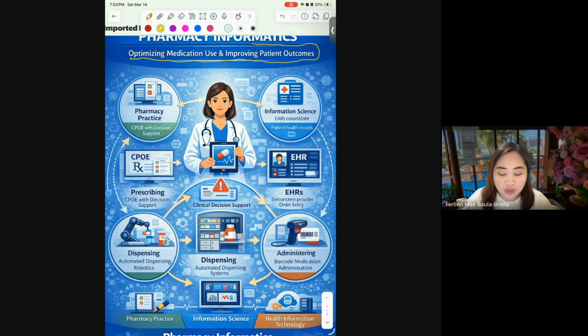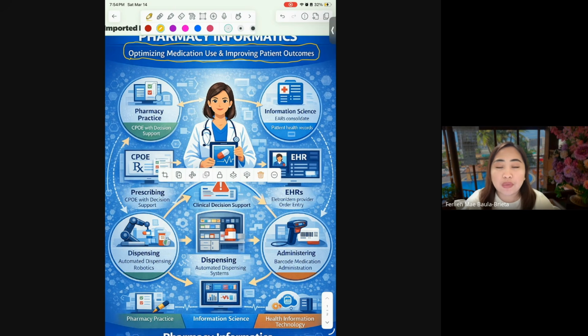To start with our discussion this morning, we have here the title of the infographic: Optimizing Medication Use and Improving Patient Outcomes. From the word optimizing, we would like to use pharmacy informatics, the interdisciplinary field of IT, pharmacy practice, science, and health information, to help us optimize and get the full benefit from the medication that we provide to our patient. We would like the patient to experience improved patient outcomes within our healthcare system.